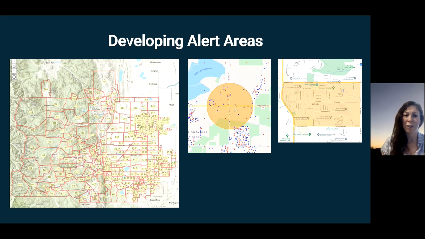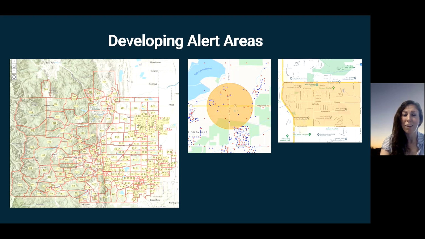If a predetermined area is deemed not the most fitting for whatever the type of hazard is, folks in the field that are incident command might either draw a radius, so a circle around whatever that hazard is, and folks in that shape would get notified. Or if it's something that is parceled down even more, they might draw an individual shape that crosses different boundaries to be able to send alerts to the appropriate folks within that area.